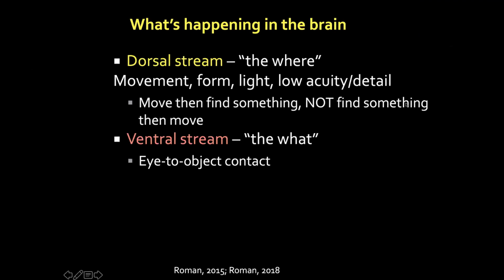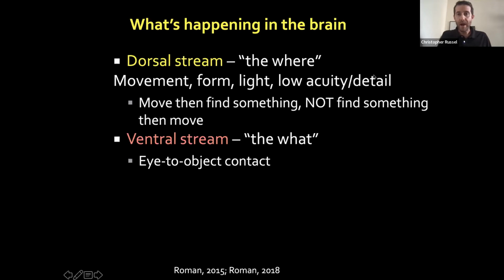All right. So there are two primary streams of visual processing in your visual cortex, which is in the back of your brain. You can think of these almost like roads or highways through which visual information is processed. It comes in through your eyes, goes back through your optic radiations, that's where it crosses, what's on the right crosses over to the left, and then it's processed in the back of your brain.